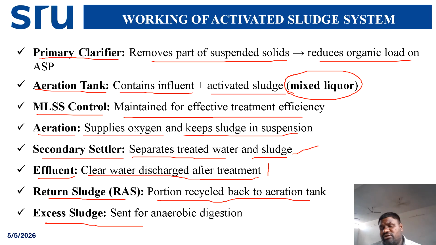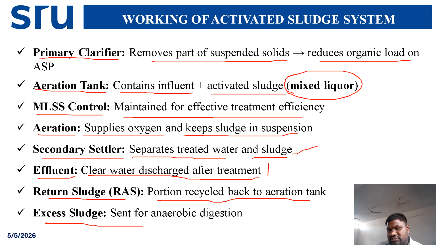The main mechanism here is to maintain bacteria in a suspended state. Water comes into the reactor in a horizontal flow direction, so that it is in a suspended state. Organic matter is broken down by the microorganisms. So the BOD present in the water gets reduced, as it is eaten by the microorganisms.